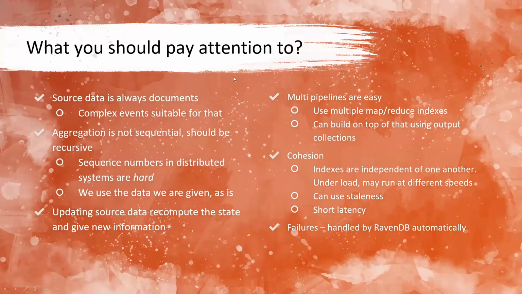Okay, now some other things that you should pay attention to. Complex events as documents are easy and allow you to version and add more data over time. Typically, with event sourcing and event streams, there is the concept of sequential operations. I don't really like this definition because it's really, really hard to get a proper sequence of events across a distributed system.